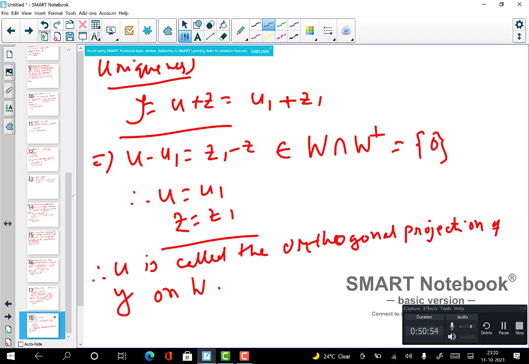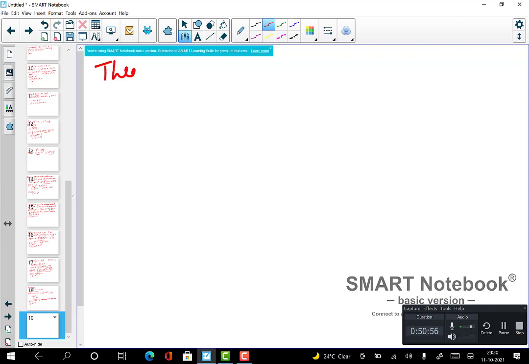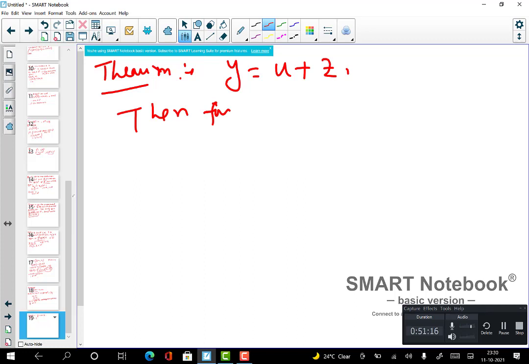How to say that? Let me write down that theorem, or rather corollary. Whatever we discussed, y is given to us as u plus z, and if you choose any vector u1 belonging to W, what happens?